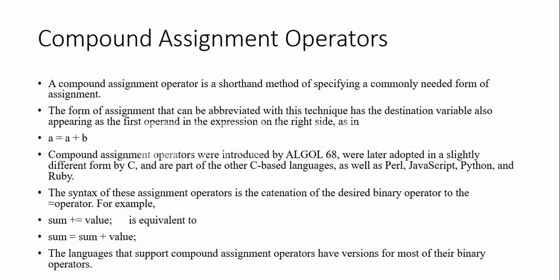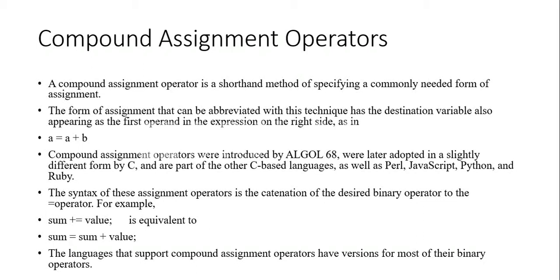The syntax of these assignment operators is the concatenation of the desired binary operator to the equal to operator, for example sum += value. This type of syntax is used in Algol 68, and C also adopted it, but some changes are there in the syntax.